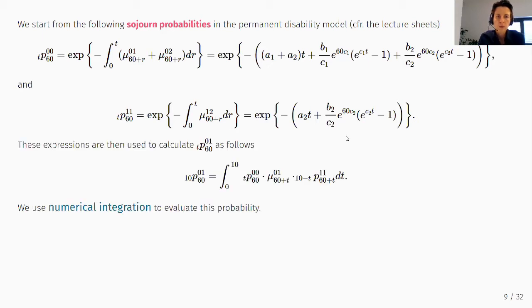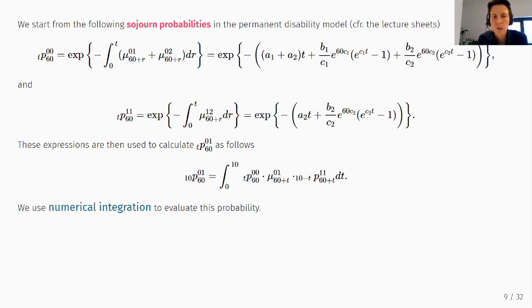Now, if we put these things together, we can get an expression for the requested probability. And that was the probability for a 60-year-old to start in the healthy state at time 0 and to be in the disabled state in 10 years from now, right? So what does that mean?